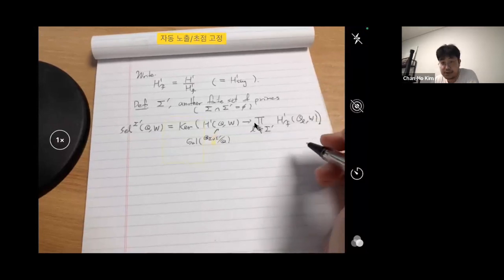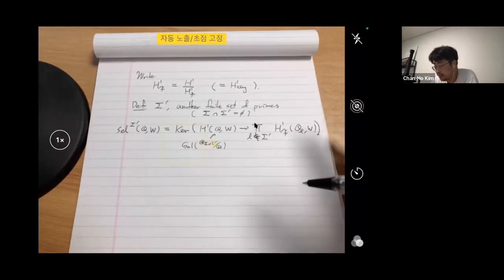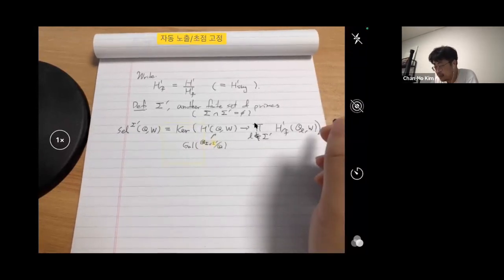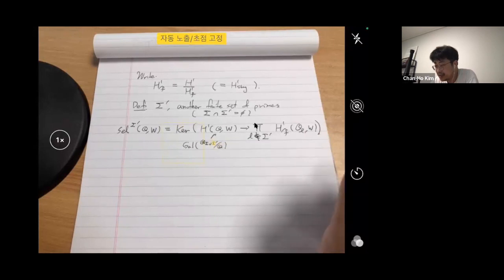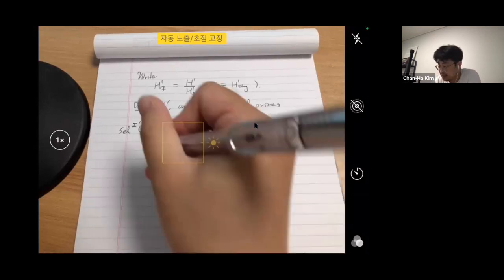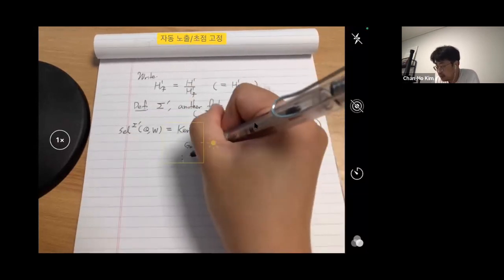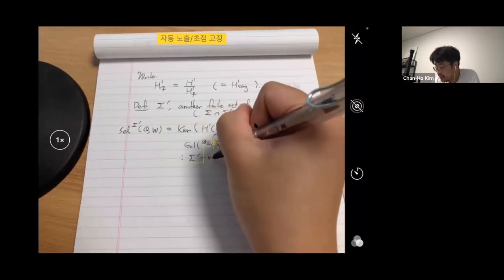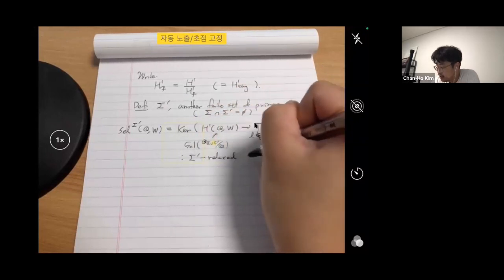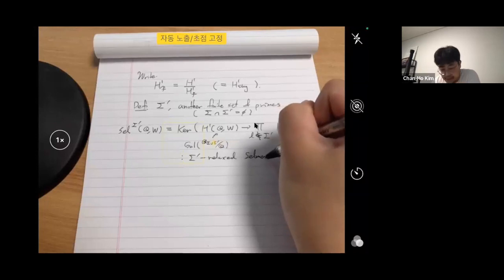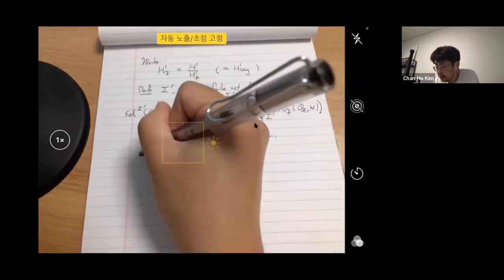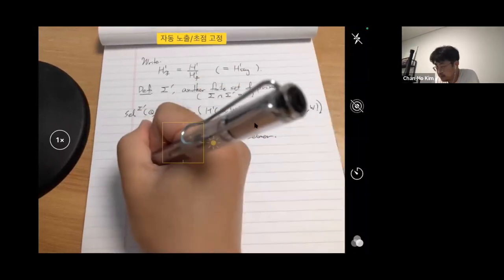So there is no condition at the sigma prime. So it gets larger than the usual Selmer groups. So this is the sigma-prime relaxed Selmer group. And certainly this contains the usual Selmer group.